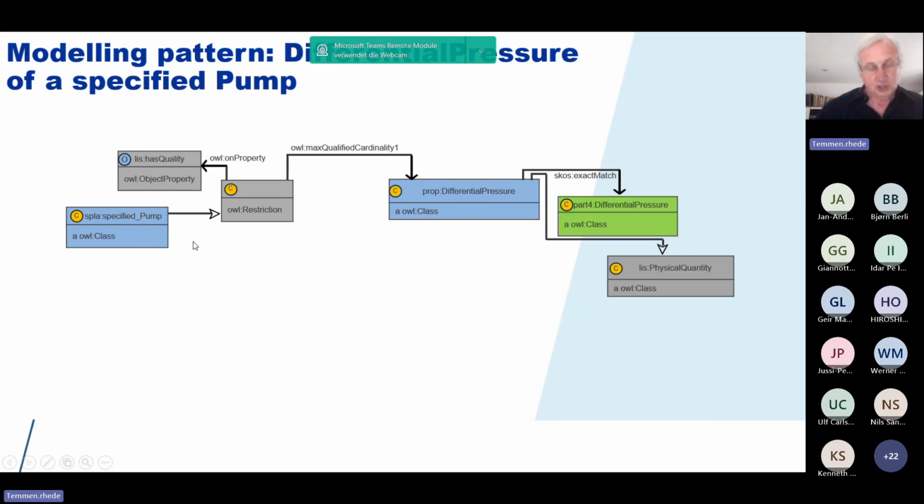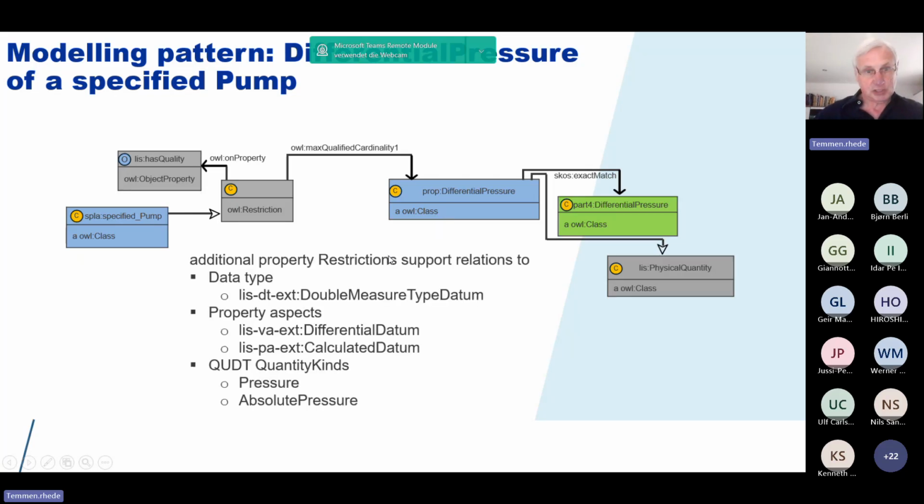Now on the class level definition, we have a relation from the class to its property differential pressure. And we have some additional restrictions to say, okay, as I said, we need an ontology for data types.